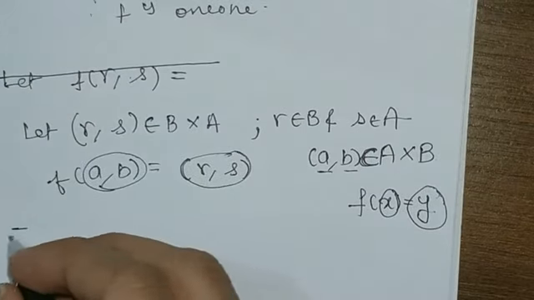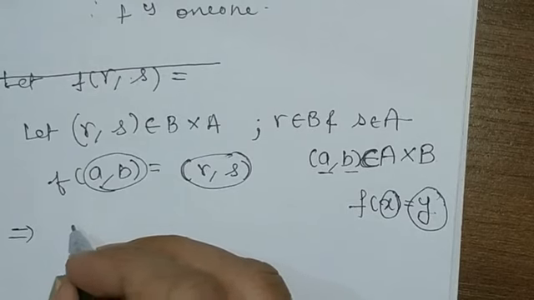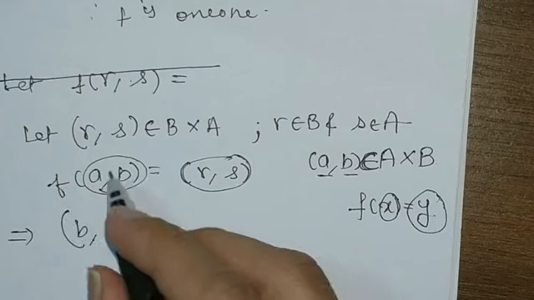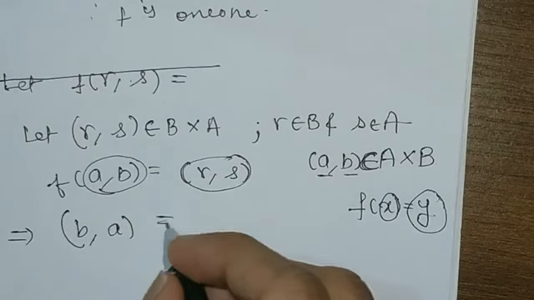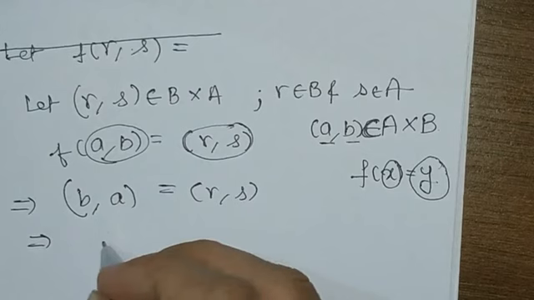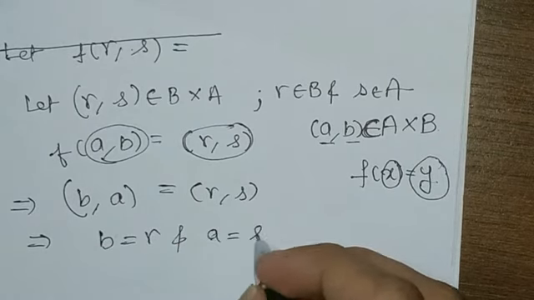So what is f(a, b)? It is equal to (b, a). By the definition of the function, f(a, b) is (b, a), so that is equal to (r, s), which implies b is equal to r and a is equal to s.